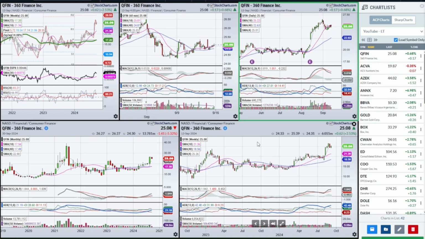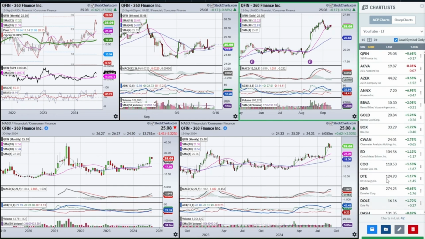So I've got the monthly, weekly, daily, hourly. Most of the time I'm not really using the hourly, but there are times when I'm going to want to take a signal off the daily for a longer term trade. And if I do that, I probably want to time it off the hourly. So you can obviously use multiple time frames for this.